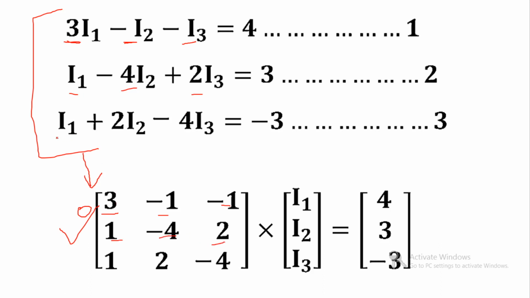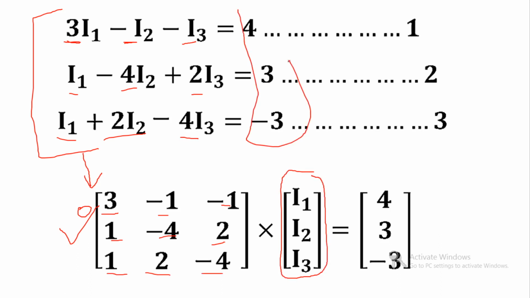In the third equation the coefficients are 1, 2 and minus 4. Again I will write the variables in a column, and the constants in another column, on the right side of the equal sign. So this is the way to write the equations that we get from the KVL equations.